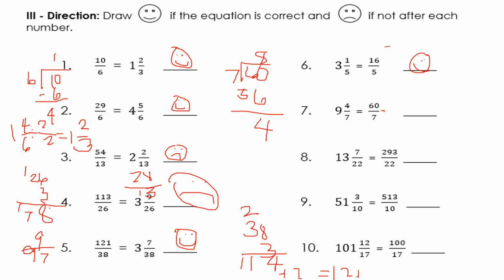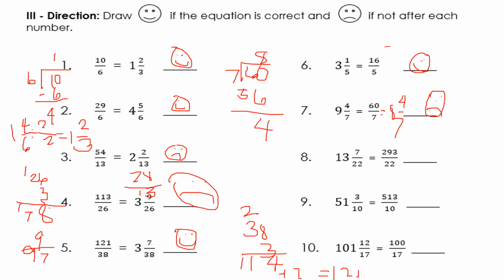The final answer is 8 and 4/7. So this one is a sad face. Okay, so with this opposite, 9 times 7 is 63. Yeah, 63 plus 4.